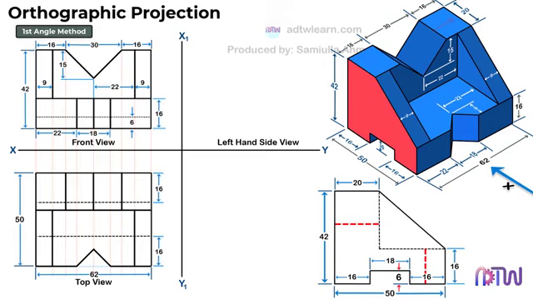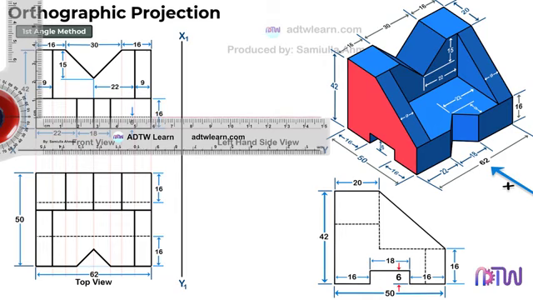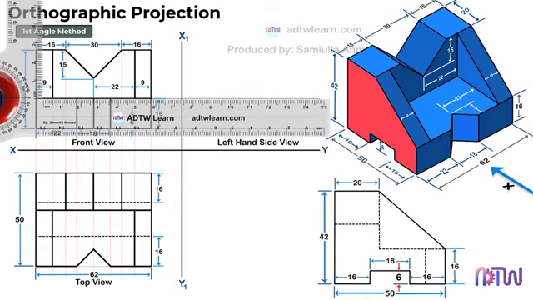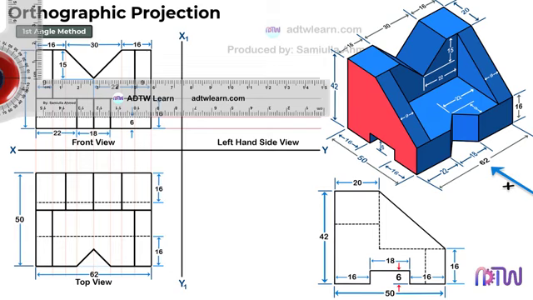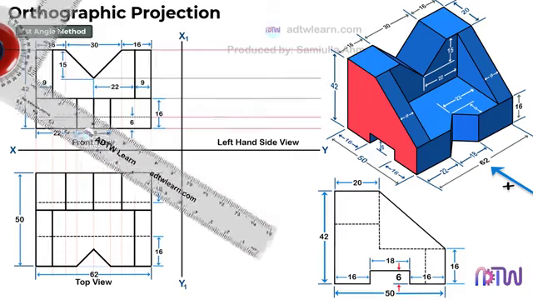These two dotted lines represent the notches on the walls. This dotted line represents this hollow section of the object. Let's start drawing. First, draw the horizontal reference lines from the corner points of the front view. After this, draw the reference lines from the top view. To get the reference lines from the top view, we will draw an inclined line at 45 degrees.